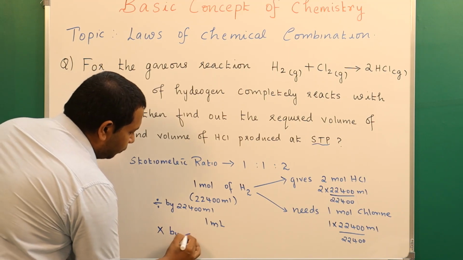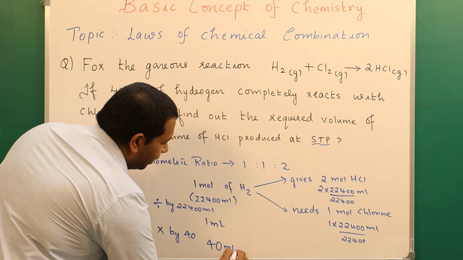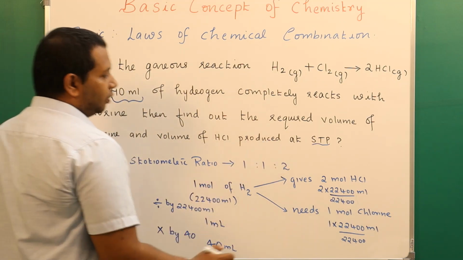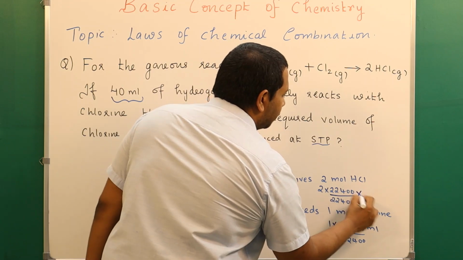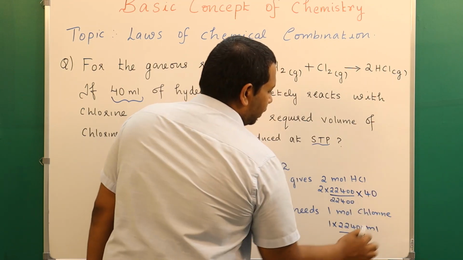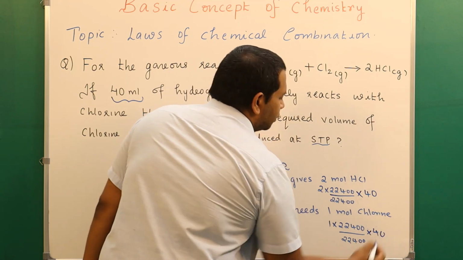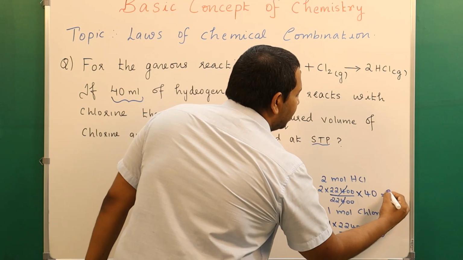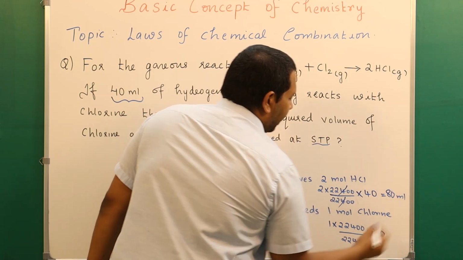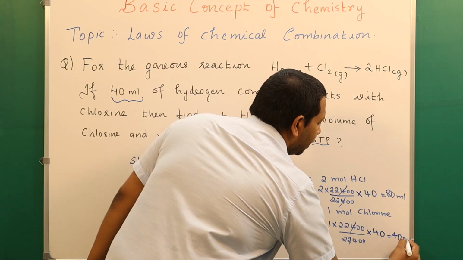Multiply by 40. So do the same thing here also, multiply by 40. You know 2 into 40 is 80 ml, and this is 40 ml.